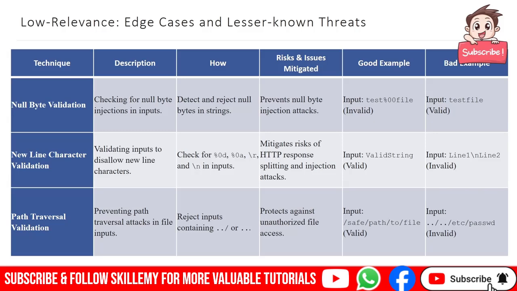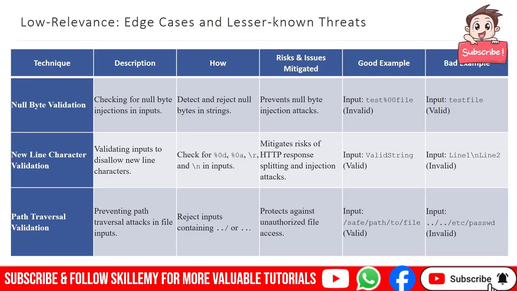Next, we have new line character validation. This technique is designed to disallow new line characters in inputs, as their presence can facilitate HTTP response splitting and injection attacks. By checking for characters such as %0d, %0a, \r, and \n, we effectively mitigate the risks associated with these vulnerabilities.